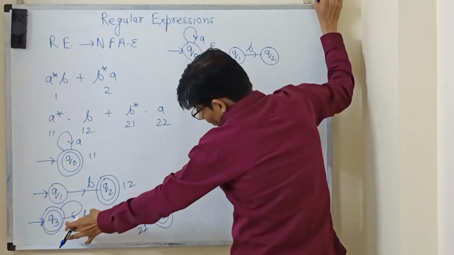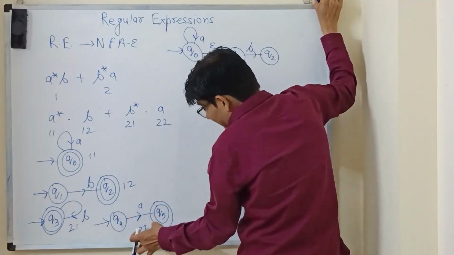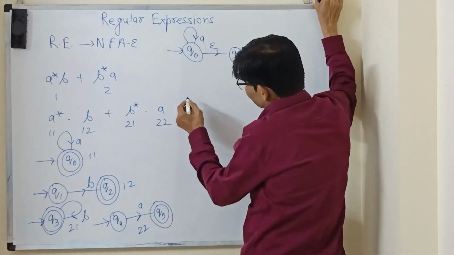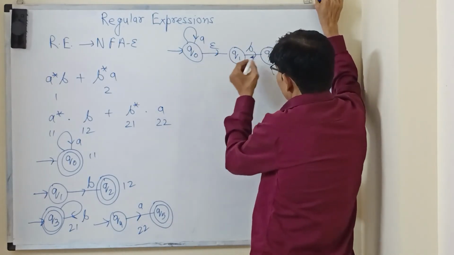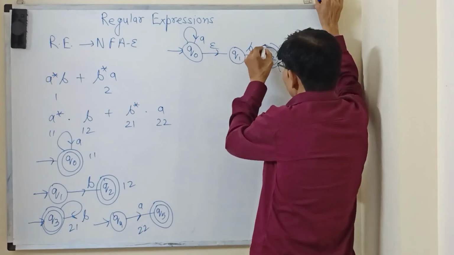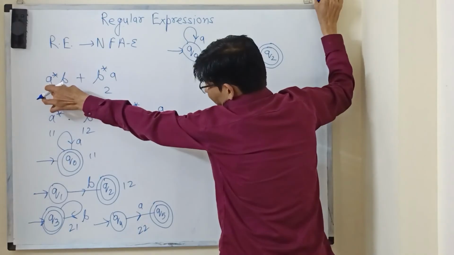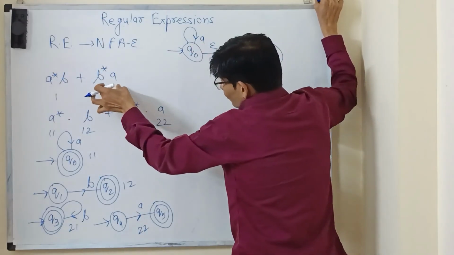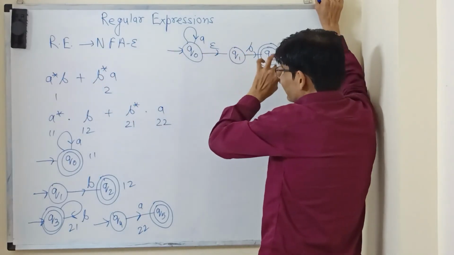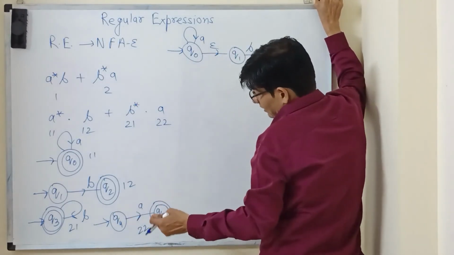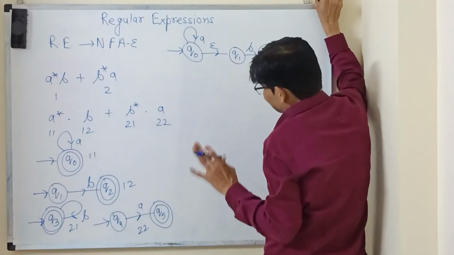Again for the last two parts, 2 1 and 2 2, we will connect as a series. You can see here, for these two parts we will connect as a series.